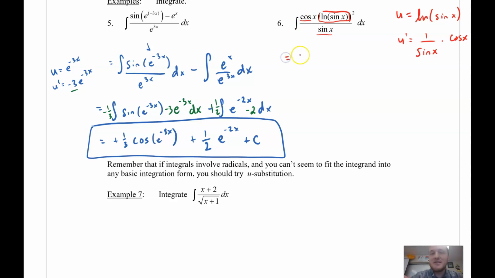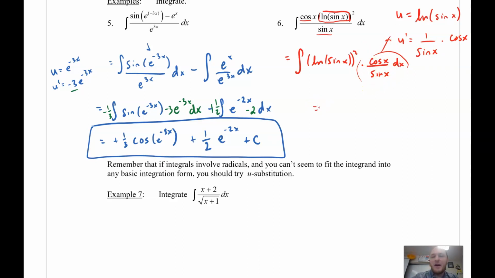Okay, so this is the integral of the natural log of sine of x, I'm trying to keep track of my parentheses, times cosine of x over sine of x, dx. Okay, so there's our hook right here.